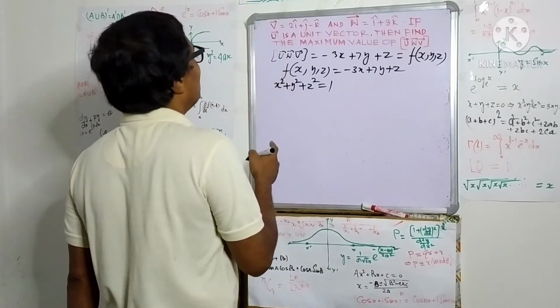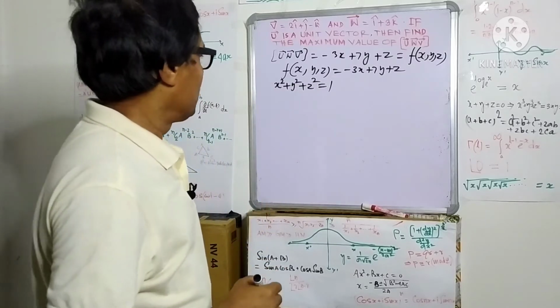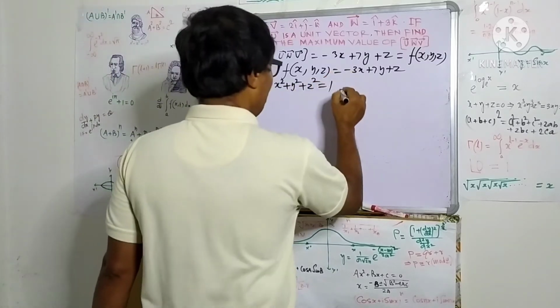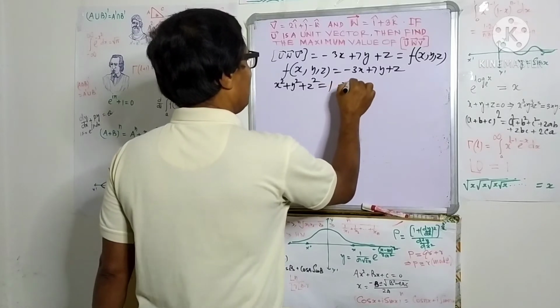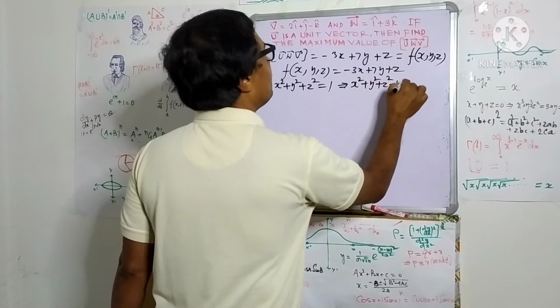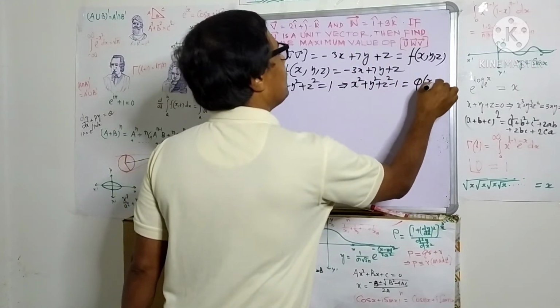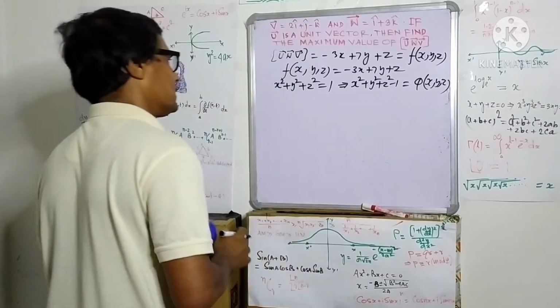Also x square plus y square plus z square minus 1 can be chosen as phi(x, y, z), a function of three variables.